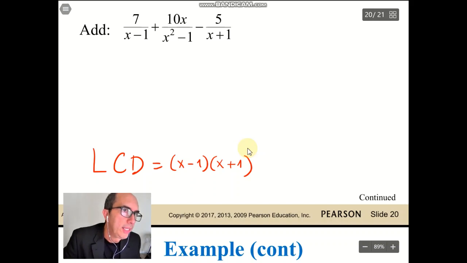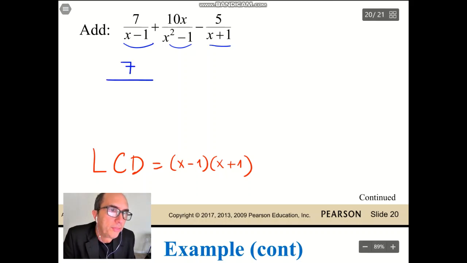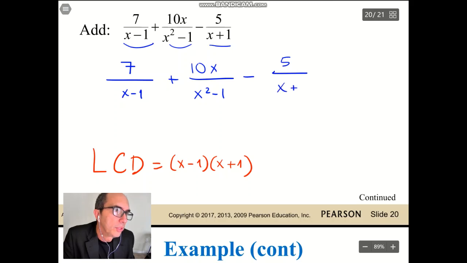Now let's write each rational expression here, each one with the new least common denominator. Each one we're gonna use the same least common denominator. And let me rewrite 7 over x minus 1 plus 10x over x squared minus 1 minus 5 over x plus 1.